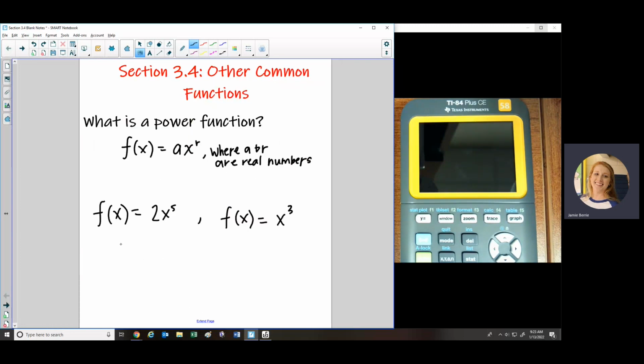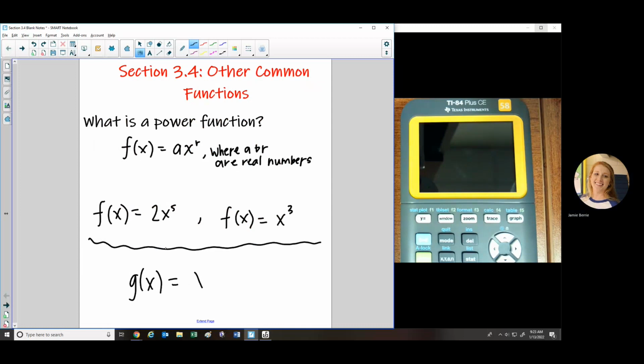Something that is not a power function that maybe looks really similar is something like this. Let's call this g of x. G of x equals 2 to the x. So this kind of looks similar, and you think, oh, okay, it has a variable up here in the power.